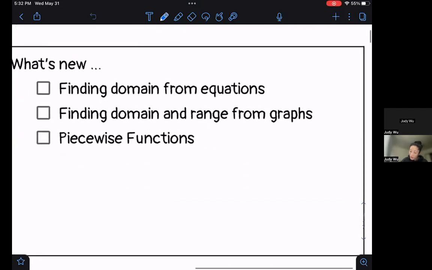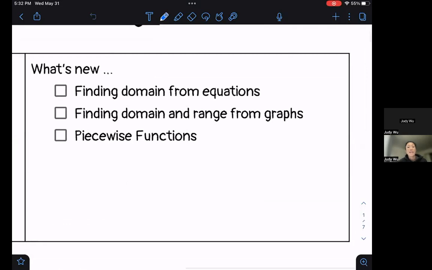What we're moving on to today is talking about what's new. So what is new today? We're going to build on finding domain, but we're going to look at domains of functions just from equations, so we get a chance to practice from equations.